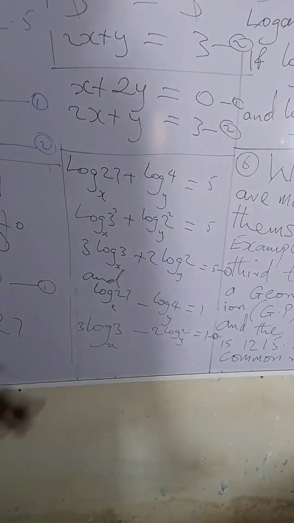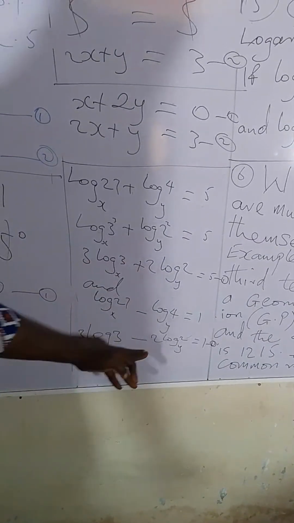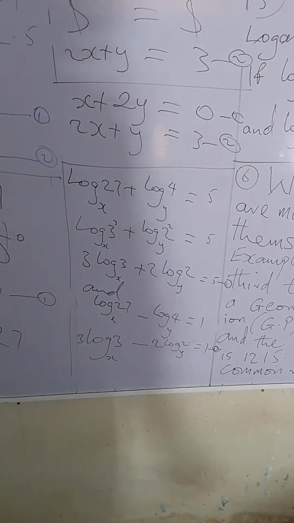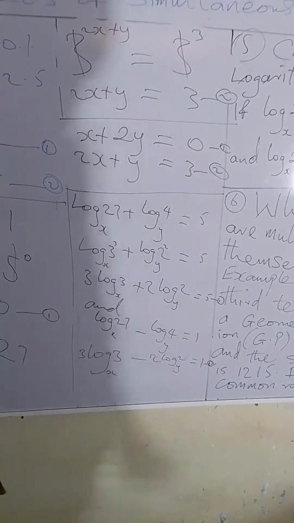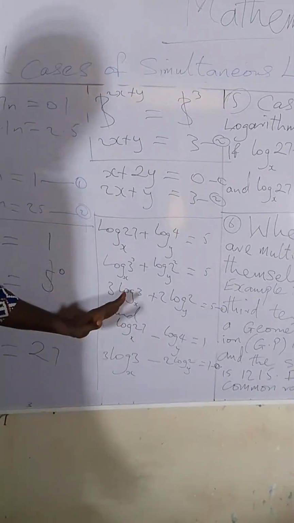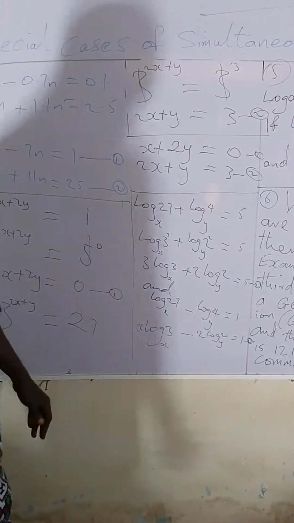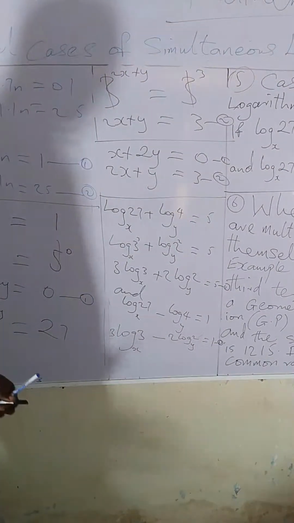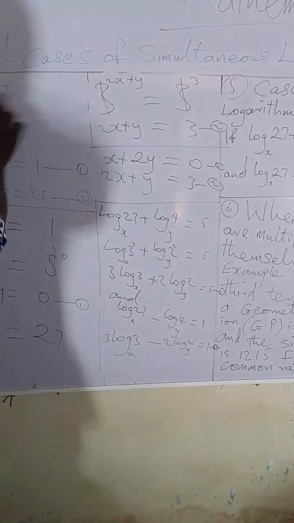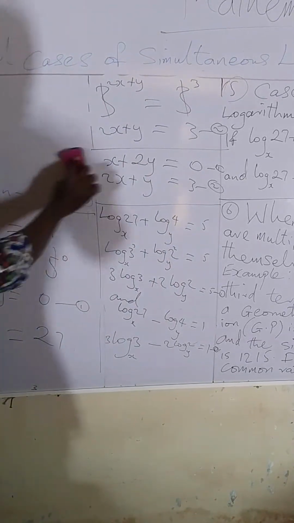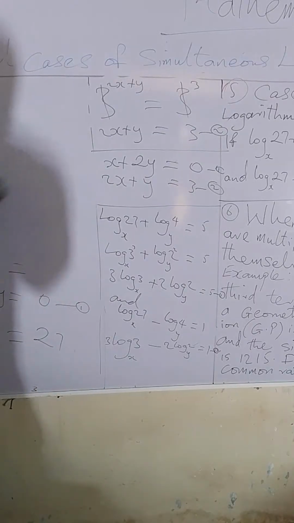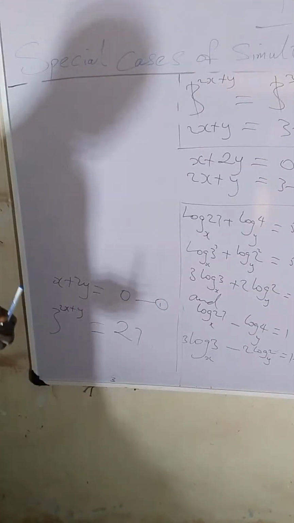Lucky enough again, we have equal coefficients. Equal coefficients. That makes it very beautiful. And so what we are going to do is add equations 1 and 2. Let us see what it's going to be. So let's go now. We will add it and see what we are going to get.